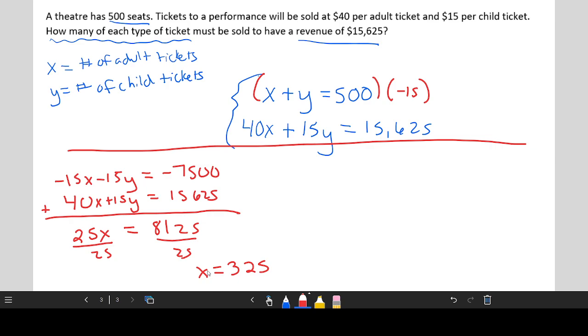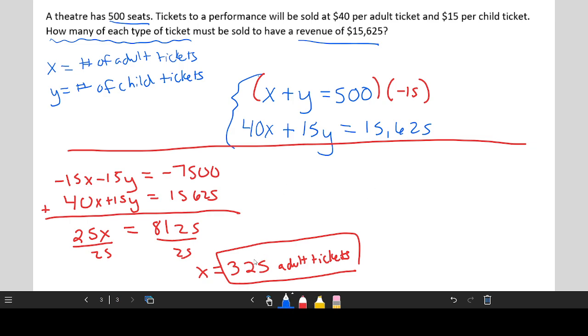We always want to make sure we're answering the question. We're asked how many of each type of ticket, so we found one of our two numbers that we're looking for. We want 325 adult tickets. But we also want to know how many children tickets.